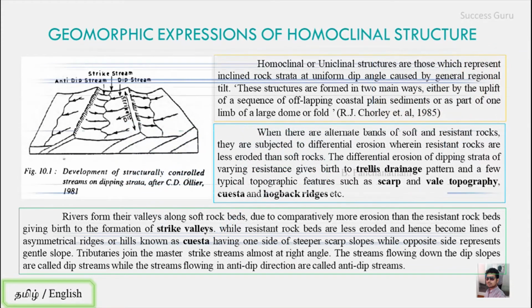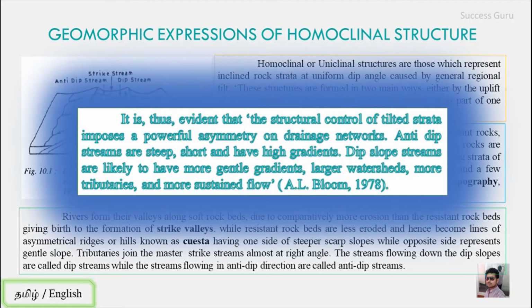So with this, it is clear that the structural control of tilted strata imposes a powerful asymmetry on the drainage network. The anti-dip streams are steep, short and have a high gradient, while the dip streams are likely to have a more gentle gradient, a larger watershed, more tributaries and more substantial flow.